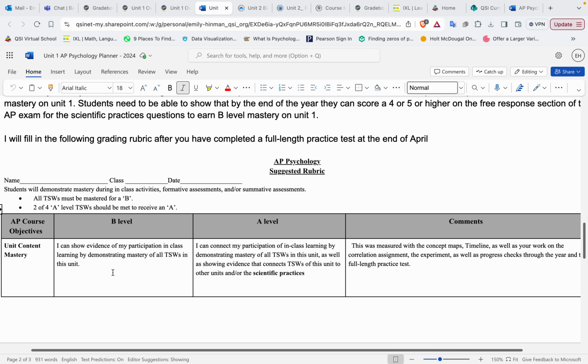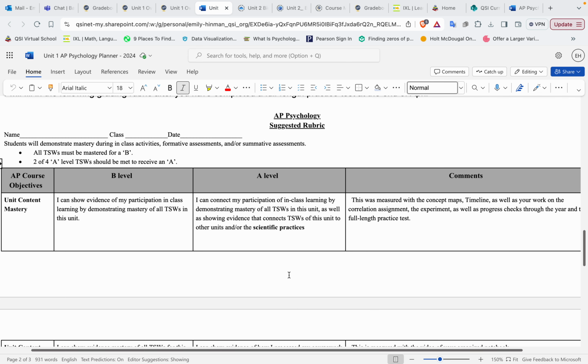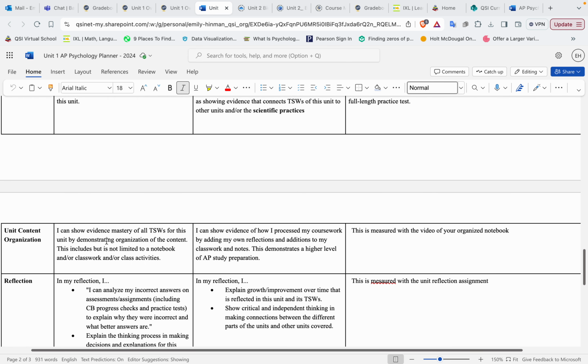Here you're showing how these TSWs go between units, and you're really using them. I'm going to know this mostly on the full-length practice test, because to get the A, you're going to need to get a 4 or 5 equivalent on the practice test, and to get a B, you're going to need to get a 3.